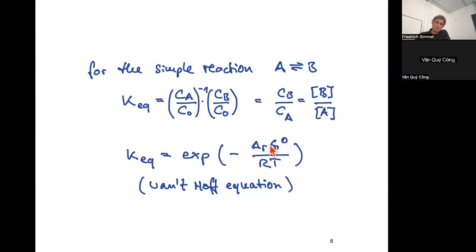So this refers to this kind of standard state with a certain concentration, and this really refers to the chemical equilibrium state. So this is not the Boltzmann relation in a sense. It comes somehow from a different source.